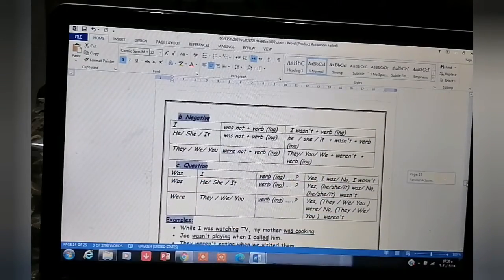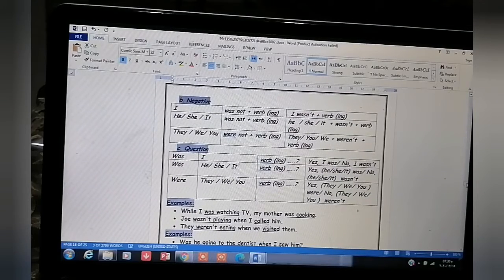Let's move to the next one. We have the negative form. I wasn't plus verb-ing, or I was not plus verb-ing. He, she, it was not plus verb-ing, or he, she, it wasn't plus verb-ing. They, we, you were not plus verb-ing, or they, we, you weren't plus verb-ing.